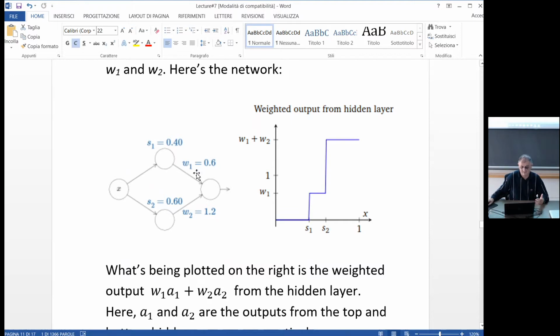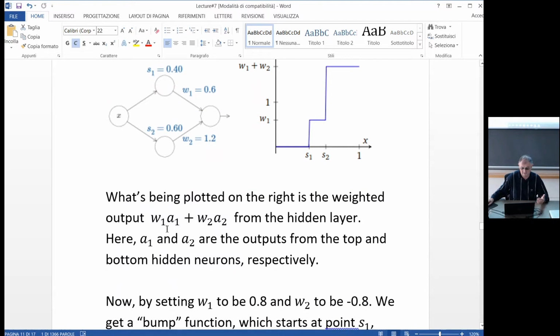Then there is W1, some weight 0.6, for example, and W2 1.2, for example. So we have such a combination of W1 plus W2. This chart shows the weighted output W1 a1 plus W2 a2 from the hidden layer, where a, of course, is the activation function for the first and for the second hidden neuron.